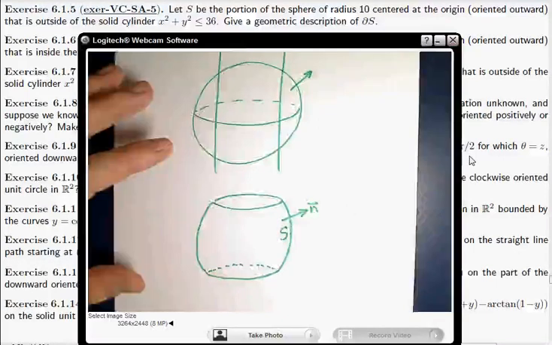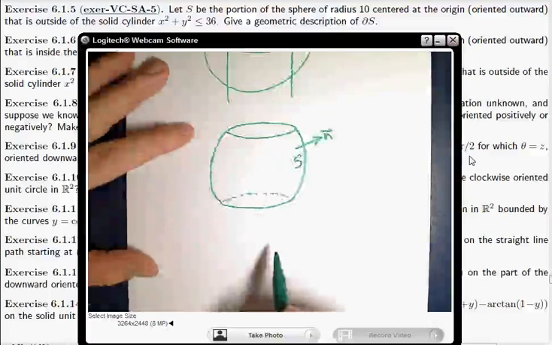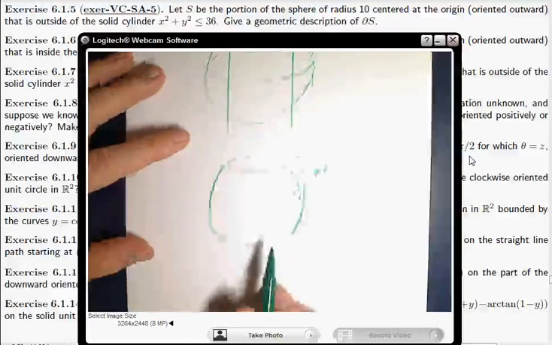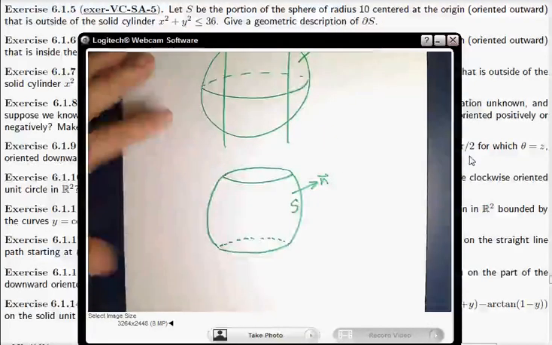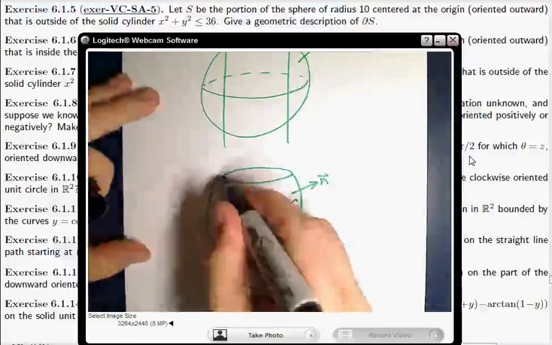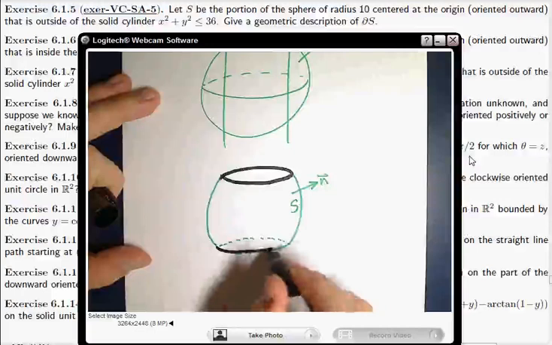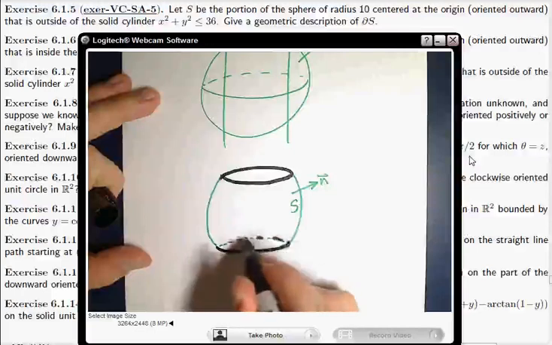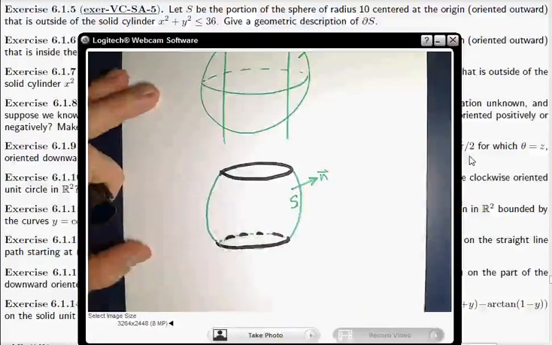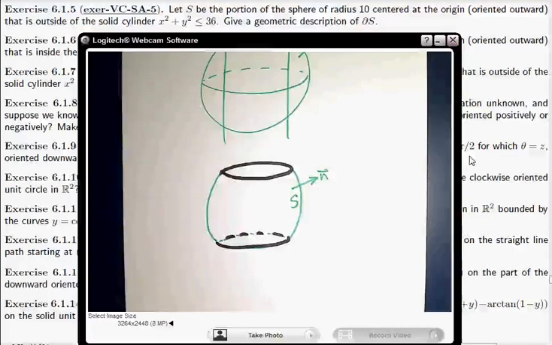And in this case, yeah, that's right. The boundary is these two curves. Well, maybe I'll just leave on this picture. We have this curve and this curve, right? And the remaining question is, what orientation is there on each of these curves?